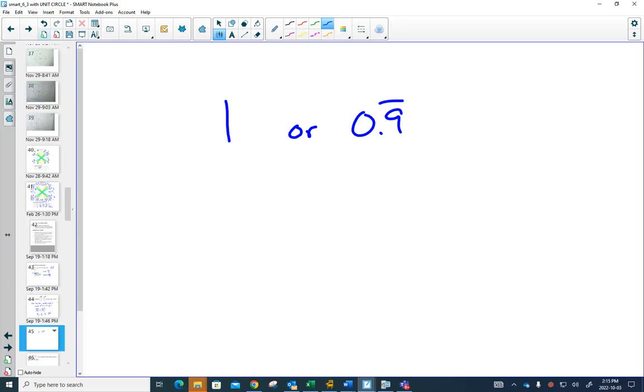Like larger? Length? Value? Which one's bigger? They're actually the same number. Now I'm going to prove to you that they're the same number. This is where your brain is going to get blown a little bit.